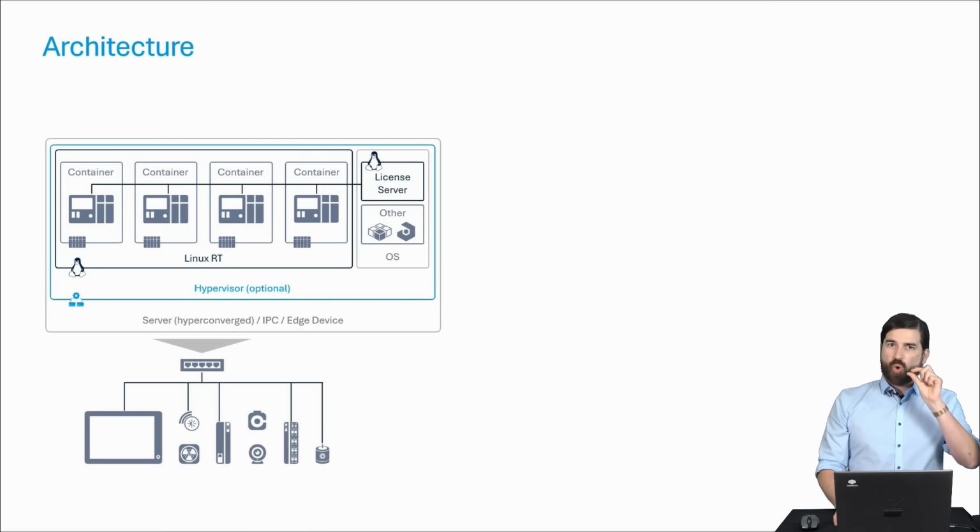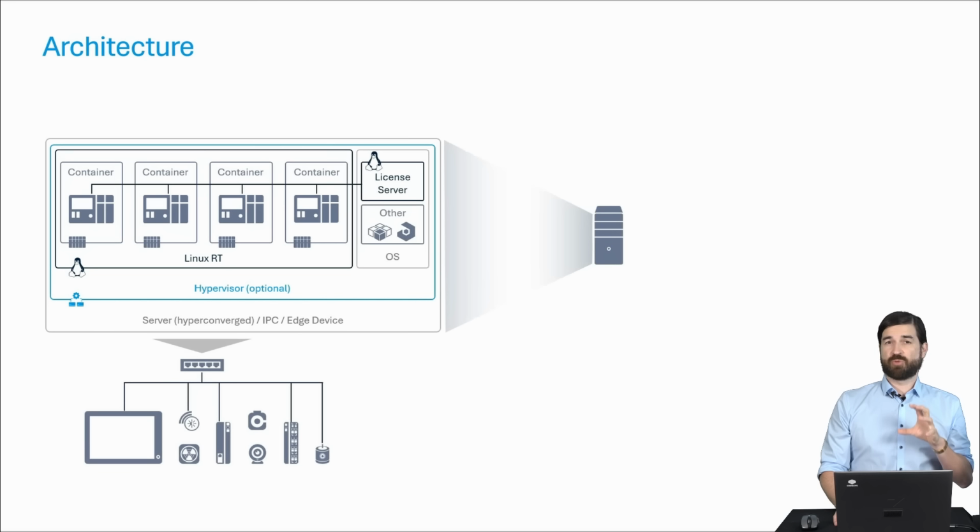You go from one PLC per box to many PLCs per box, and from hardware-bound deployments to something that's flexible, movable, and manageable with standard IT tools. And this is where IT and OT genuinely start to converge, not just as a buzzword, but as a practical architecture with real-world use cases.